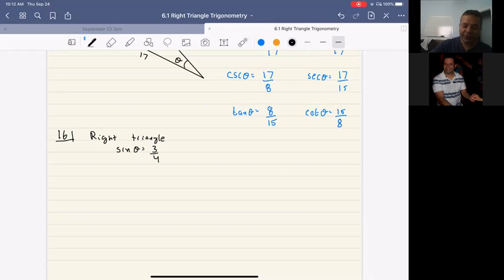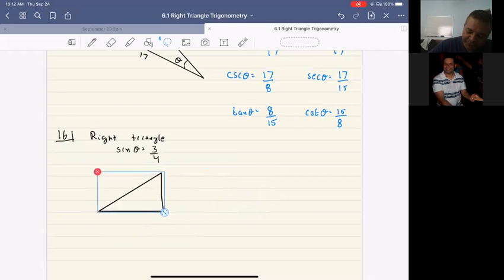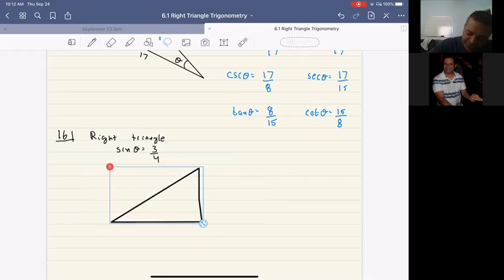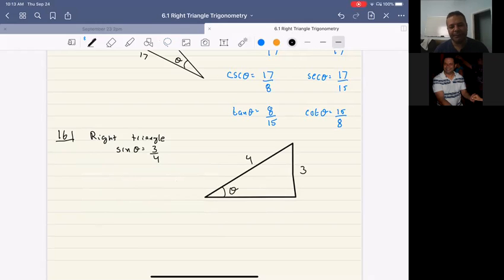All we're going to do here is draw a triangle. There's a nice right triangle. Sine of theta is 3 over 4, and we put theta right there. Sorry for the delay.